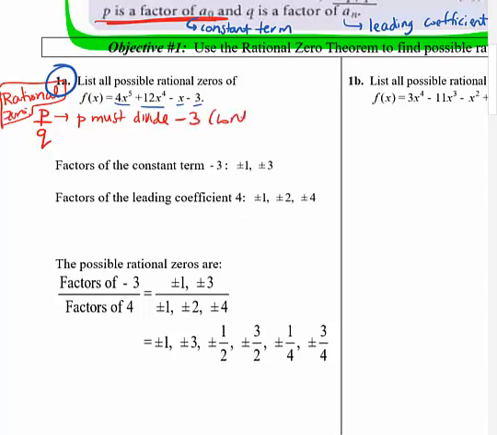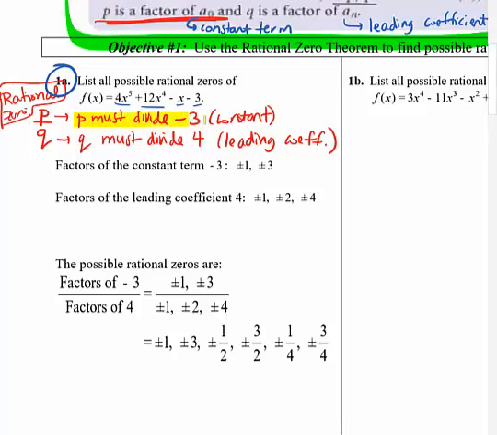The constant, -3 in this one. And then q must divide the leading coefficient, which is 4. Leading coefficient. That's pretty much what the rational zeros theorem says. So okay, we're going to simplify that a little bit. Let me kind of color code here.